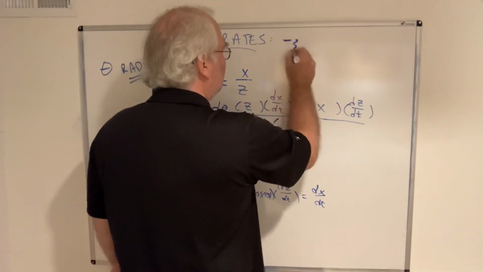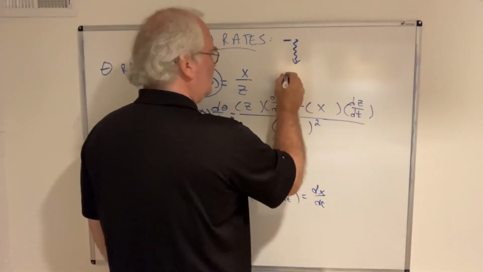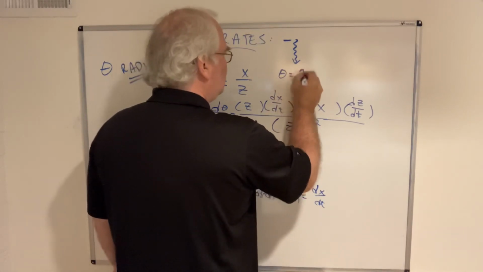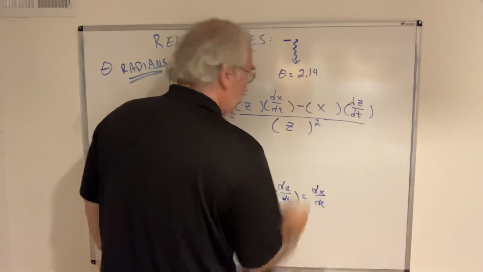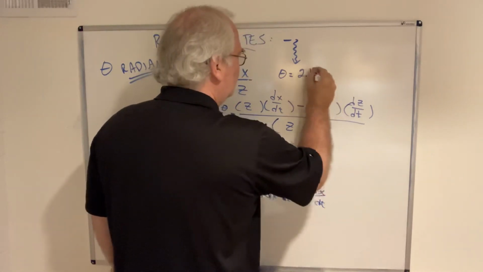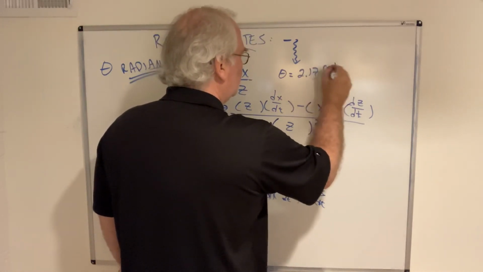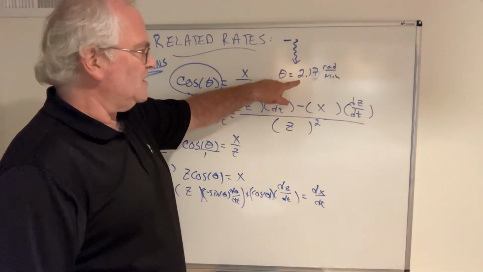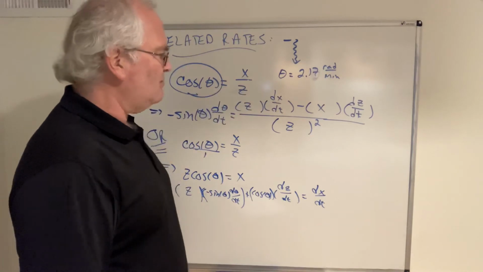Now, in the end, let's pretend you work a problem, and your final result is theta dot is equal to 2.17 radians per minute.